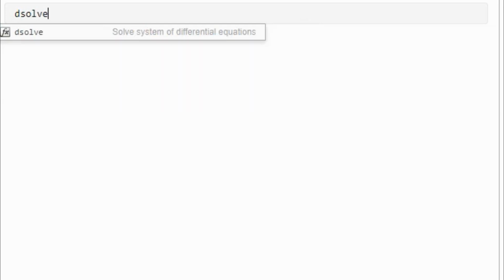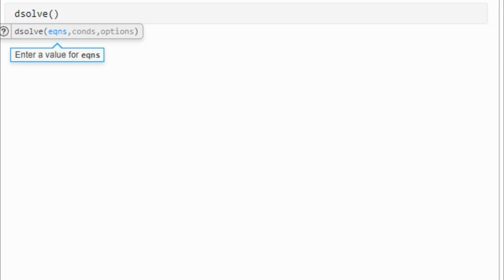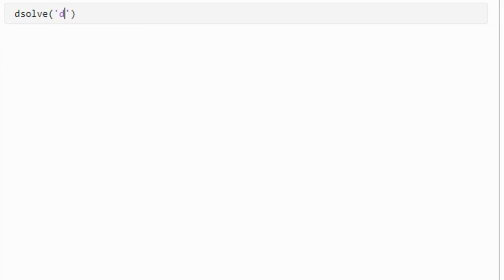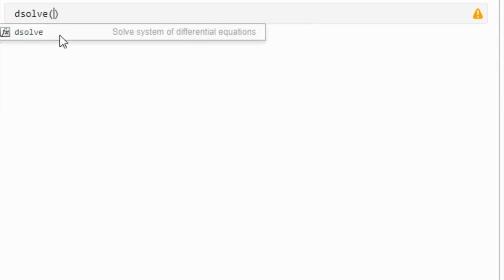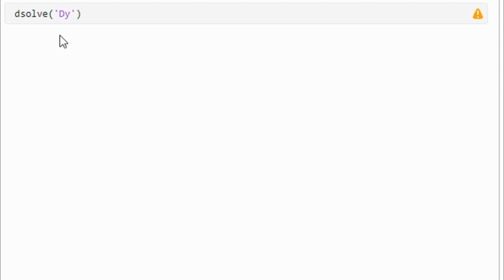So dsolve is just like this. Again we are taking another differential equation to check its solution. So dy is equal to 1 plus y square, a first order differential equation, and you will type dsolve, dy is equal to 1 plus y square, with initial condition y at 0.